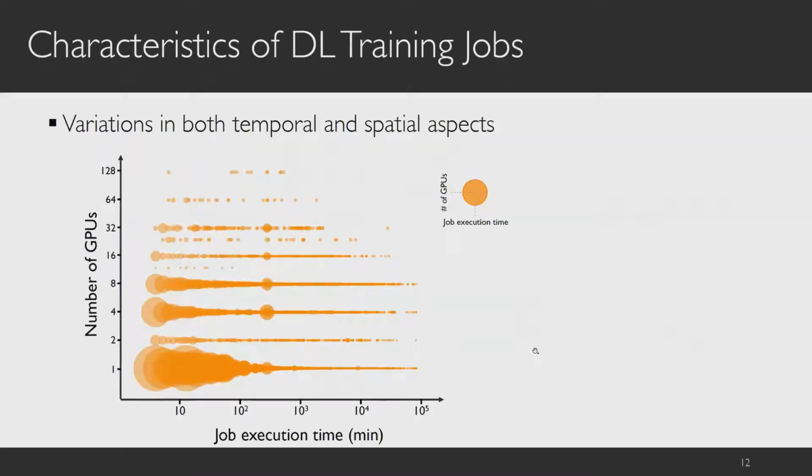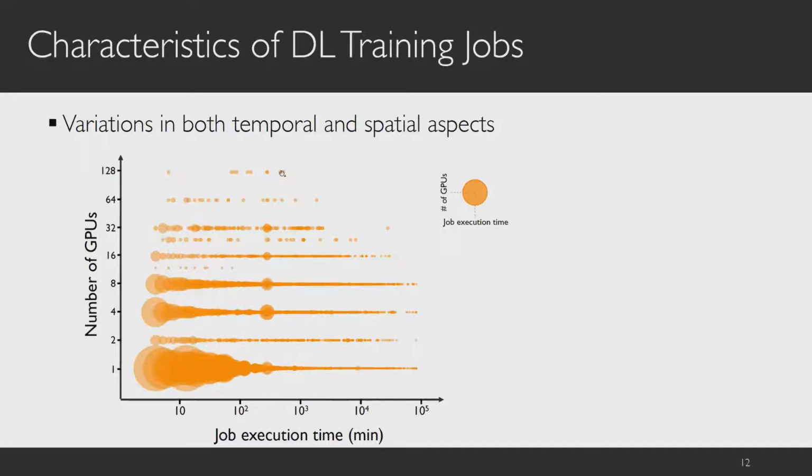So what can we know about it? The first characteristic observed is, if you look at all the training jobs in an existing cluster, real training jobs, most of them run on a single GPU and finish within 10 minutes, but you still have a large number of other types of jobs that take a longer time and use 2, 4, 8, 16, 32, or even 128 GPUs.